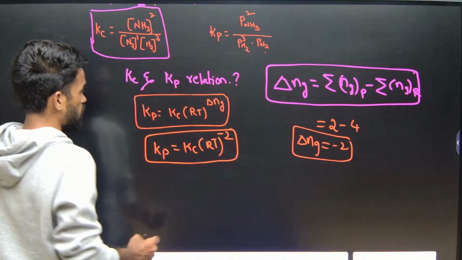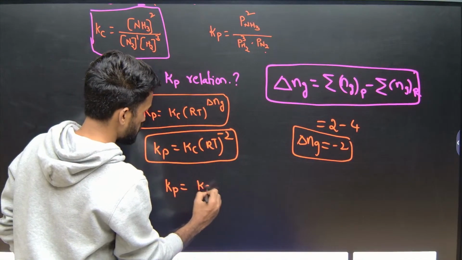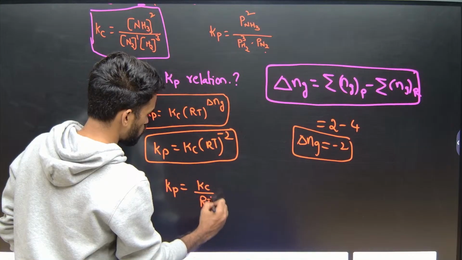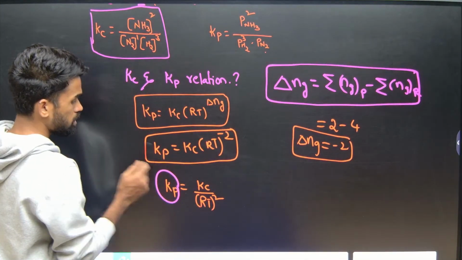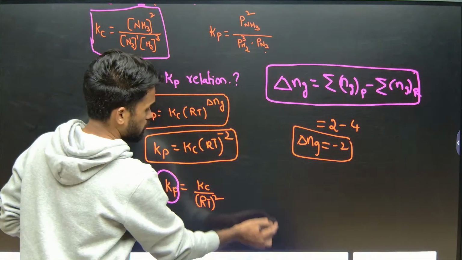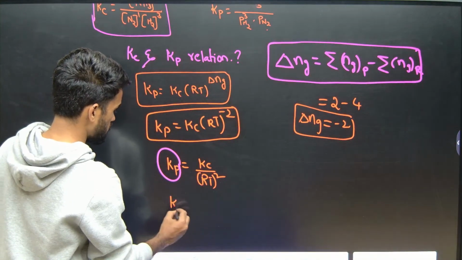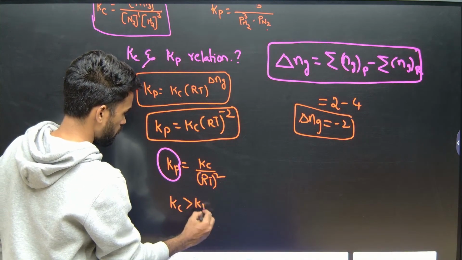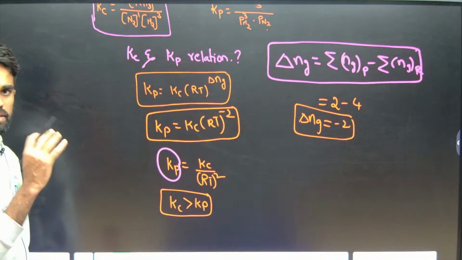So how can you write this? Kp is equal to Kc by (RT) squared. It means Kp is smaller than Kc, because it is Kc divided by something. So you can say Kc is greater than Kp for this particular equation. I hope this is very clear.